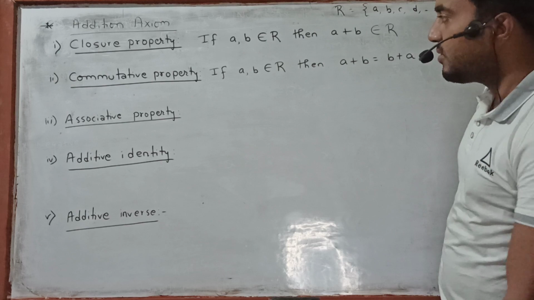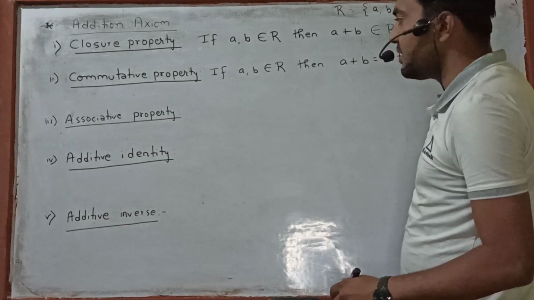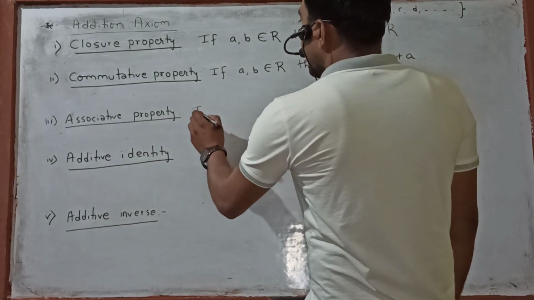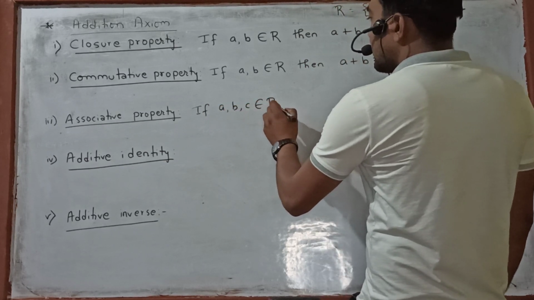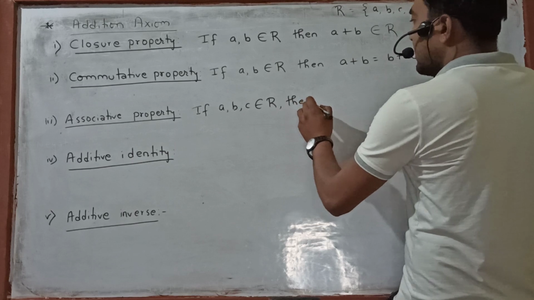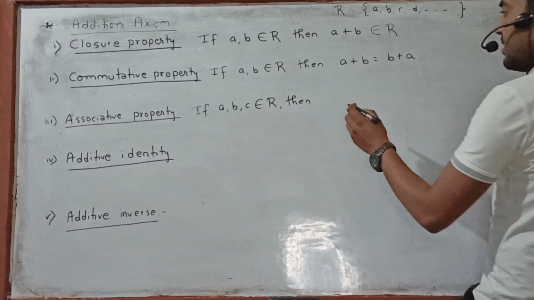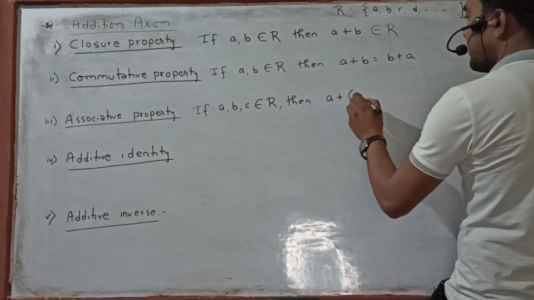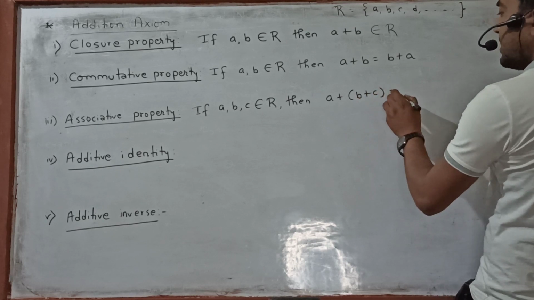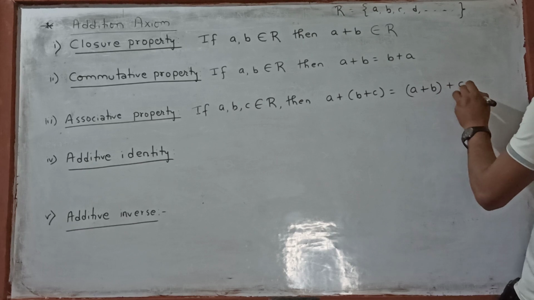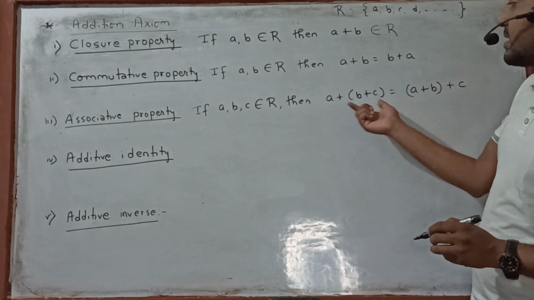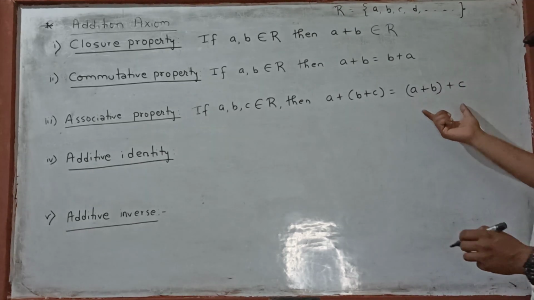Okay, now come to associative property. Associative property says that if a, b, c belong to the set of real numbers, then a plus (b plus c) will be equal to (a plus b) plus c. So if you shift the bracket towards the left side also, you will get the same result.